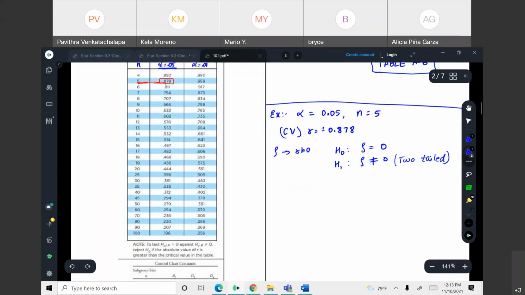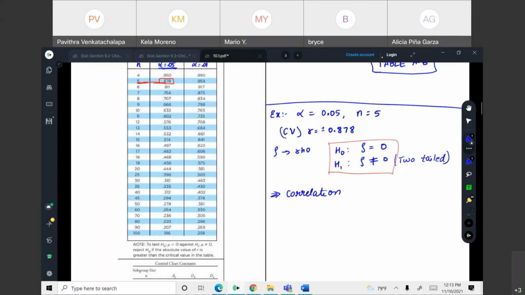Okay, most of the time in your chapter 10, you will definitely have this kind of relationship. Your alternative hypothesis will always be not equal to. And why is that? That is because we are studying about correlation, so what would be the claim?